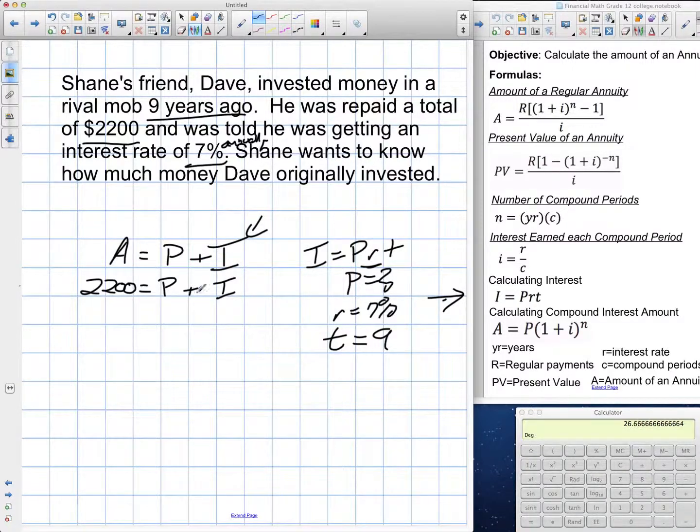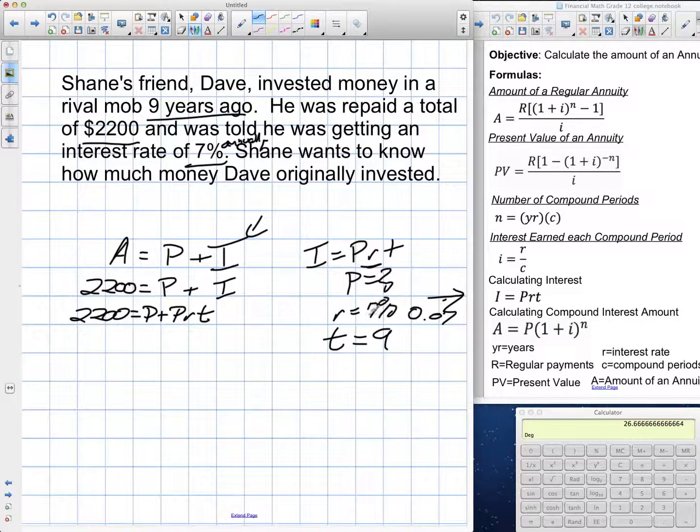So we're going to replace the I with PRT. So we have $2,200 is equal to P plus PRT. You can do that? We know I is equal to something. You can substitute any formula that variable would be equal to into it. Just like substitution in grade 10 when you guys were solving. Yeah, exactly. So our R, we need to write it as a decimal.